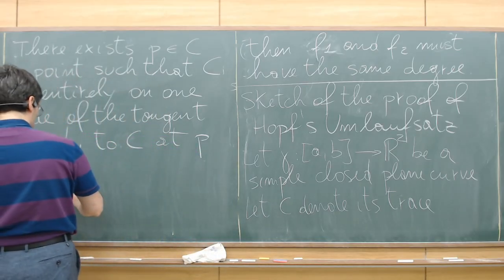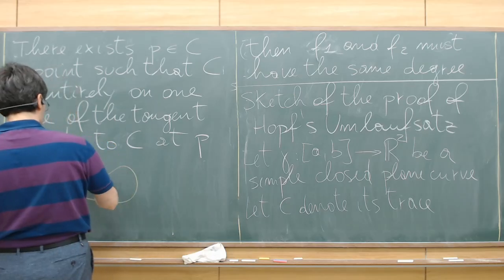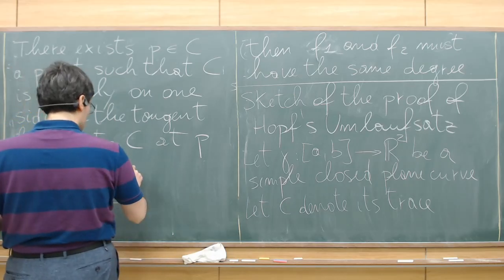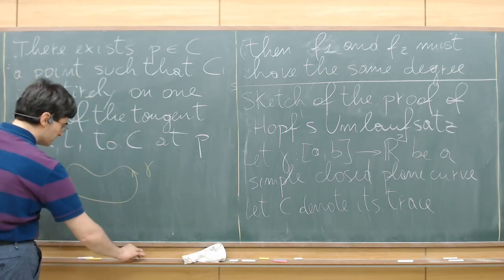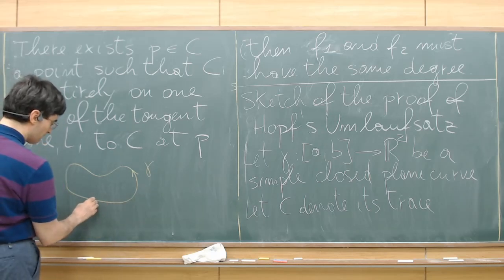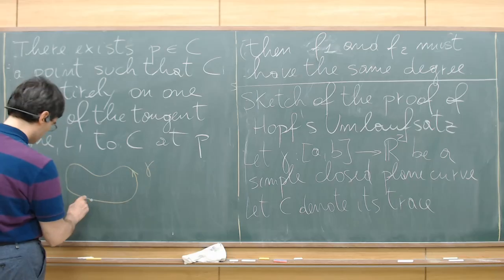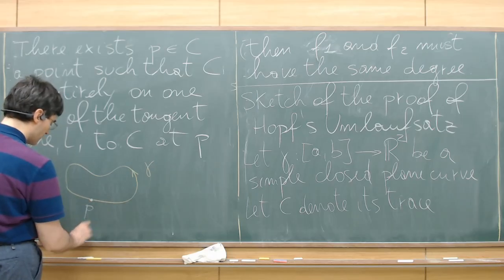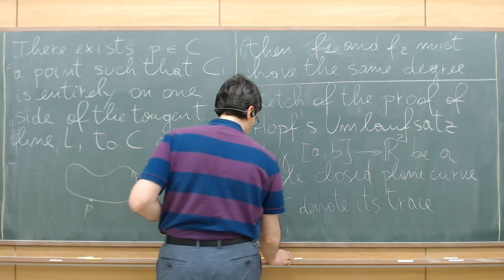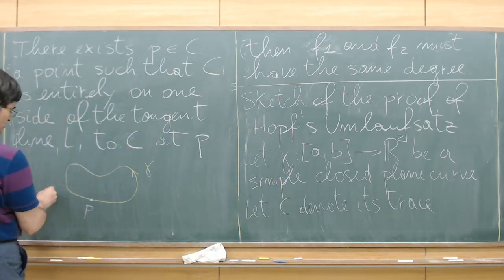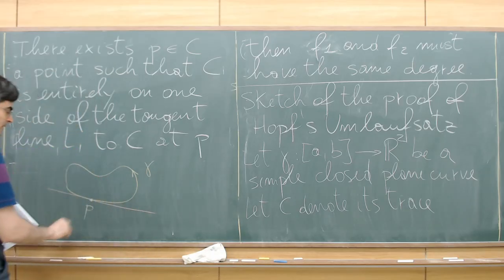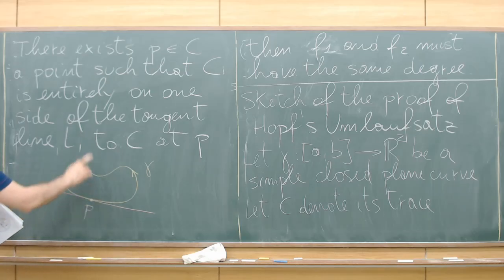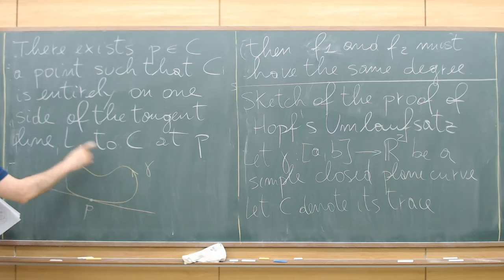Suppose that this is a trace of gamma. Then, for example, you can take this as a point P. Why? Because if you sketch the tangent line to the trace of gamma at P, then the trace of gamma is entirely on one side of the tangent line L.